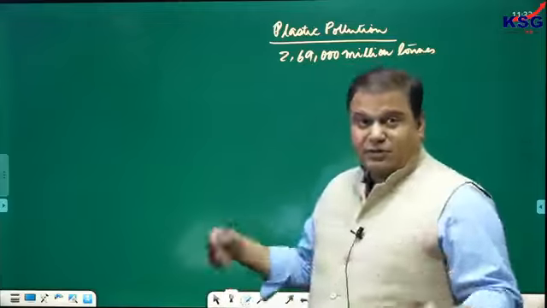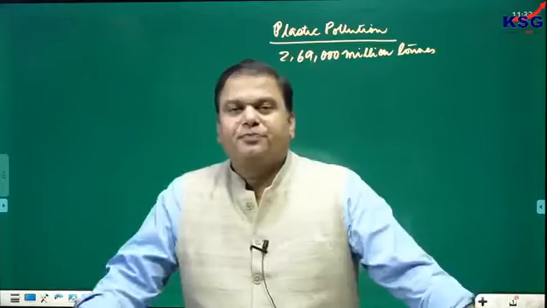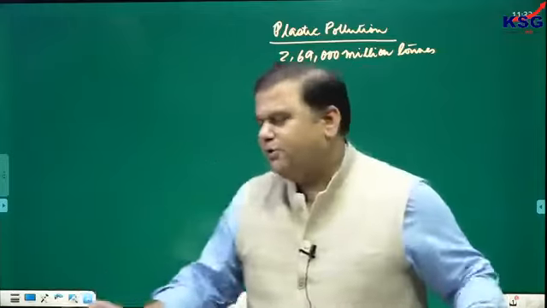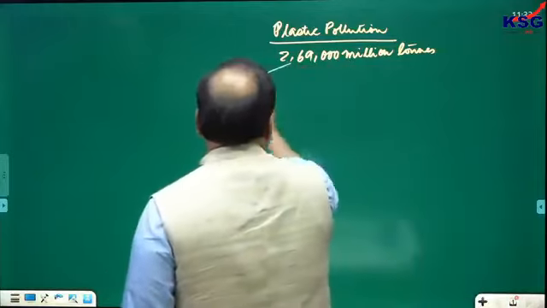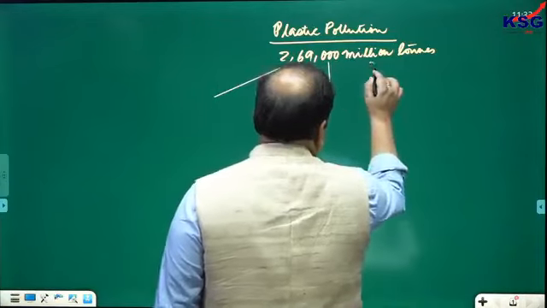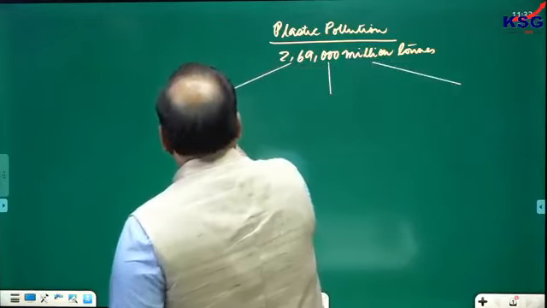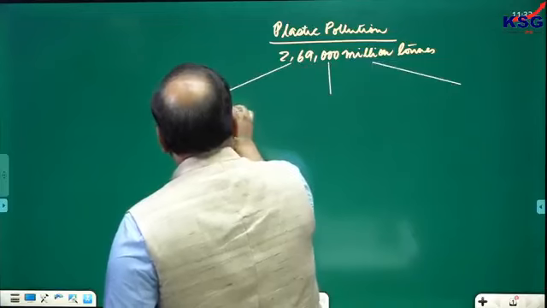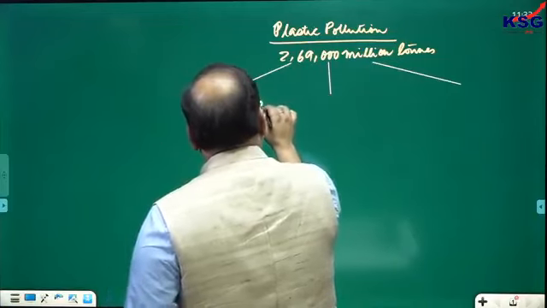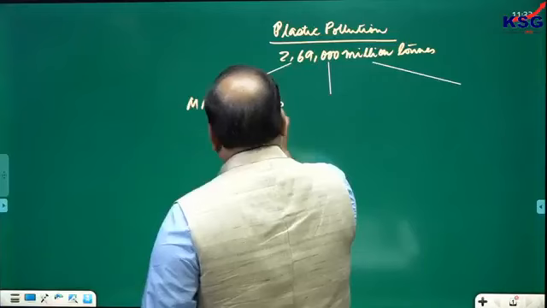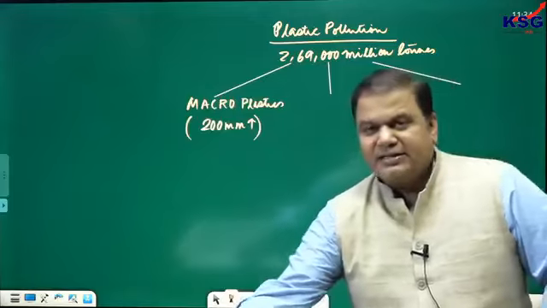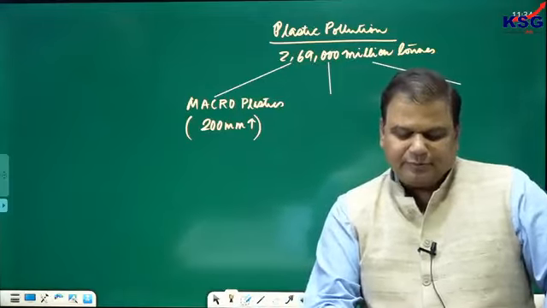And let's study plastic pollution here only. Of plastic, which is divided into three types. First, macroplastic, which has a diameter of more than 200 mm.